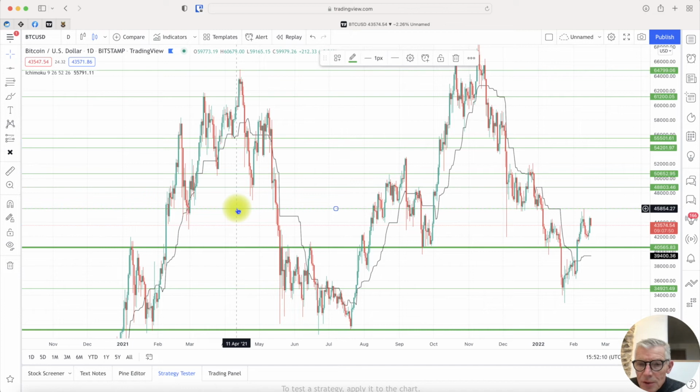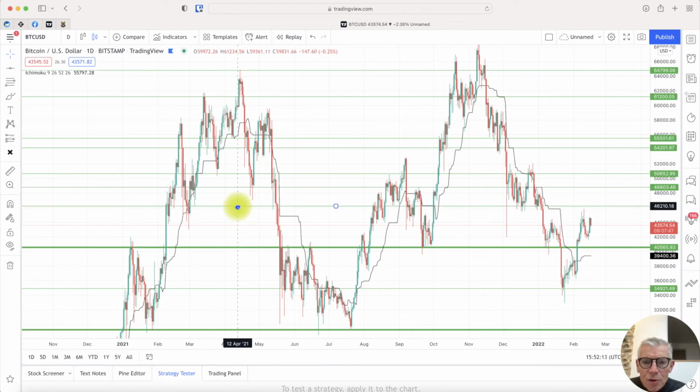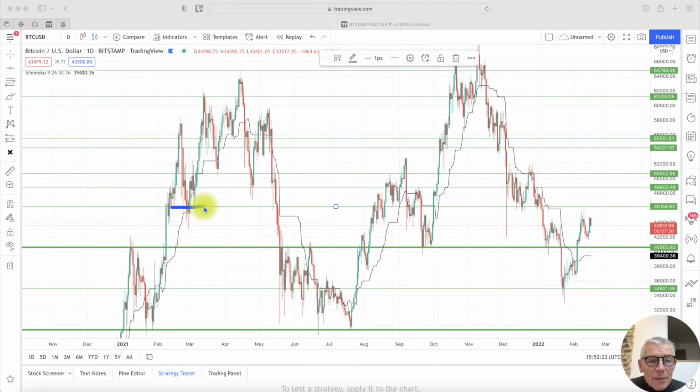Let's look at this level. I would say that this level is also significant, and I'll show you why. We've had it supporting price here. We've had some hesitation in the market here. And we have had certainly support here.